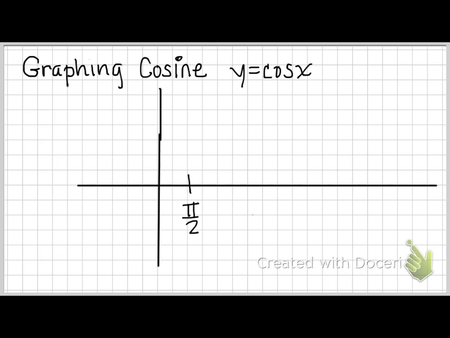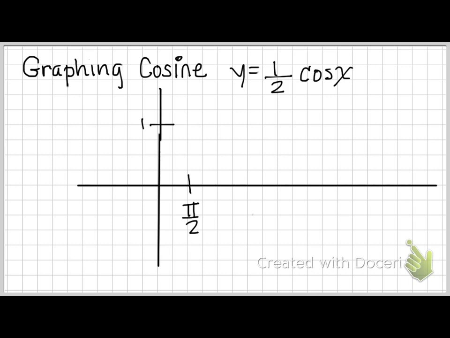Let's take our basic cosine graph here, and let's just give ourselves a coefficient. So say I had, I don't know, 1/2 cosine x. So we're going to have the same graph, but the amplitude, how high and how low it goes, is just going to be half as much.